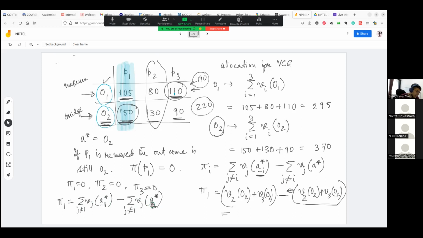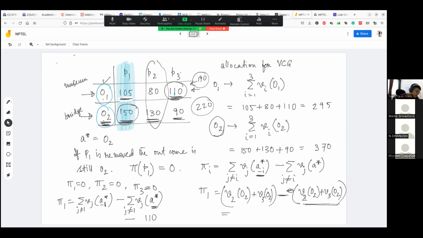So in the original allocation where P1 was getting O2 and P3 was getting O1, what is the sum of the valuations of player 2 and player 3? Player 3 only gets 110, so here it will be 110. Minus, if I remove player 1 from the system, then player 2 gets 130 amount of utility and this guy gets 110.